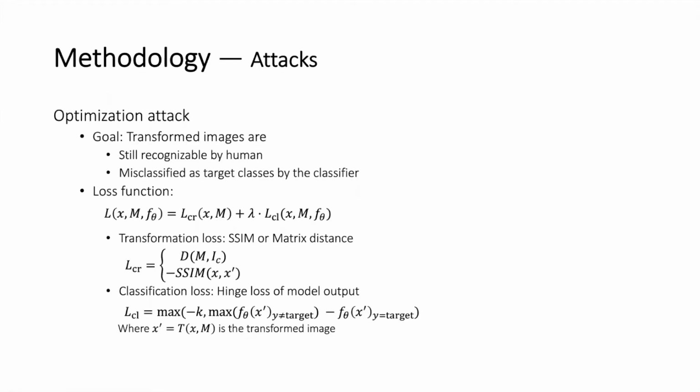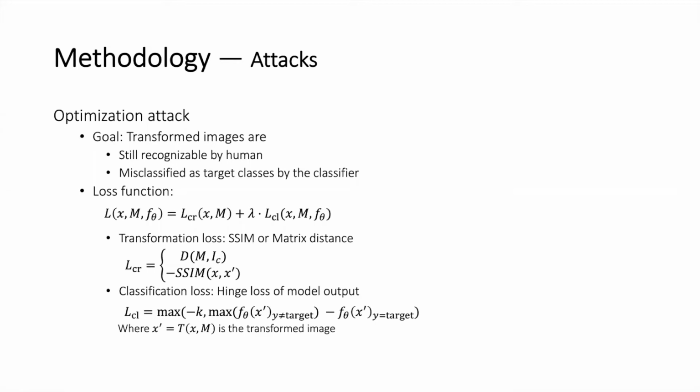The first attack we propose is the optimization attack. The goal of the optimization is to keep the transformed image semantics while making the victim classifier misclassify the transformed image into a target class. To achieve this goal, we minimize the loss function with respect to the transformation matrix. The loss consists of two terms.